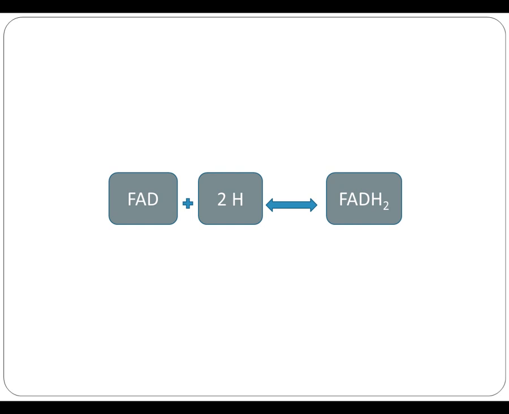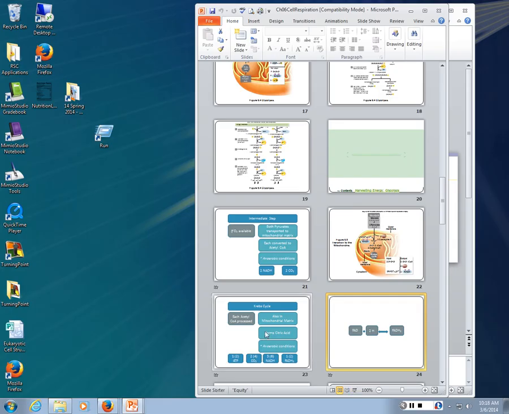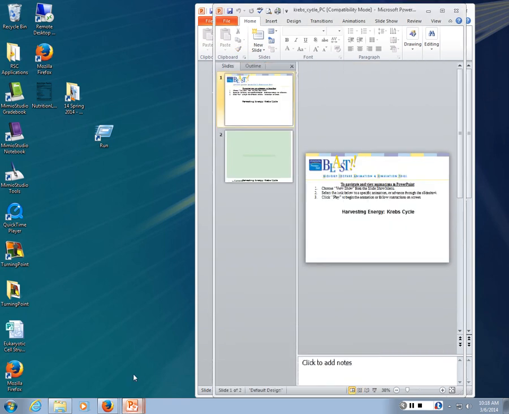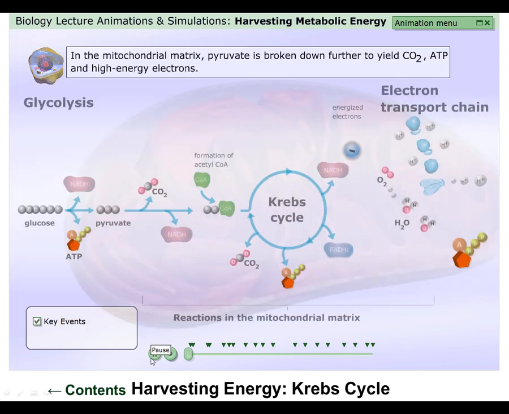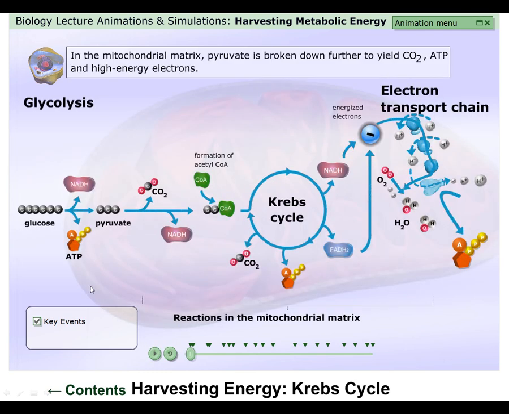And I think I have an animation. So before I get into better detail on the electron transport chain, let me show you this animation for the Krebs cycle. Alright, so just to put it in perspective, during glycolysis you made pyruvic acid, and then if oxygen is available, the pyruvic acid is transported into the mitochondria and converted into acetyl-CoA.